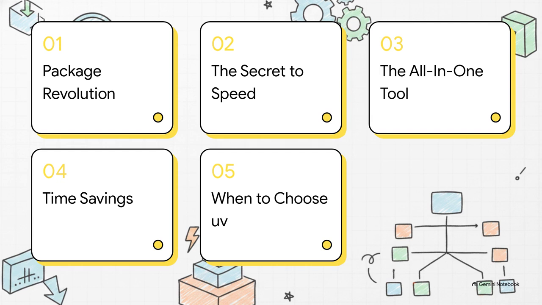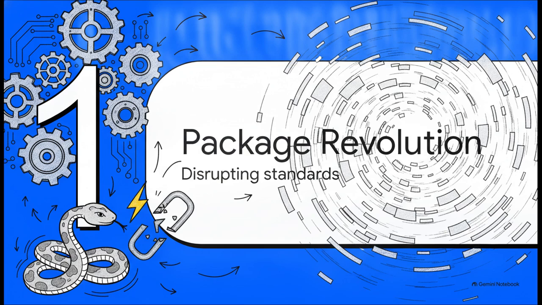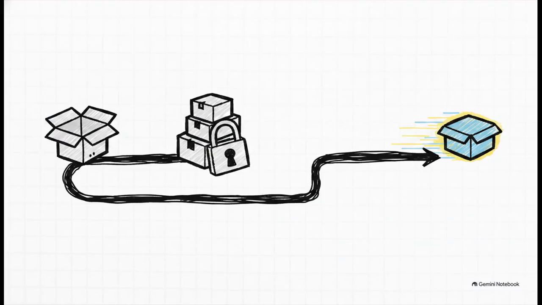Let's dive right in. Section 1, the Python package revolution, disrupting the established standards. To really appreciate where UV comes from, we kind of need to connect back to the foundations for a second. Historically, we all know pip has been the gold standard for resolving dependencies and downloading packages from PyPI, right? Then tools like Poetry built on top of that, bringing us things like lock files and virtual environment management.